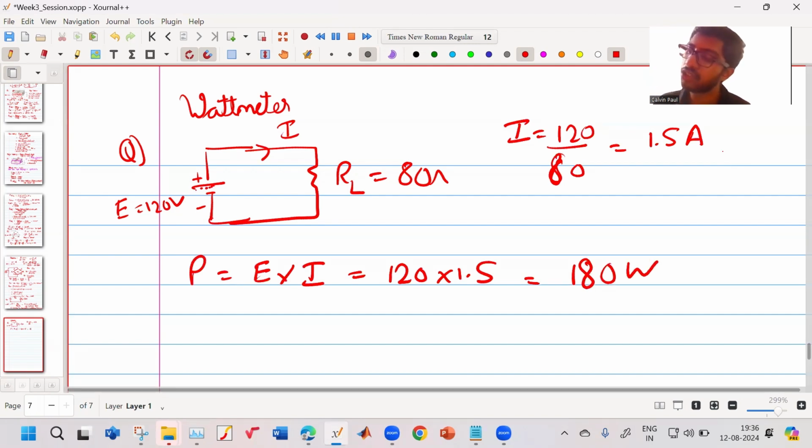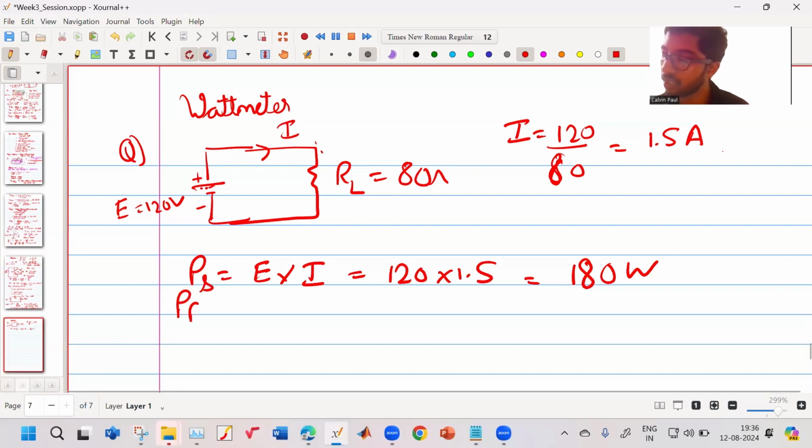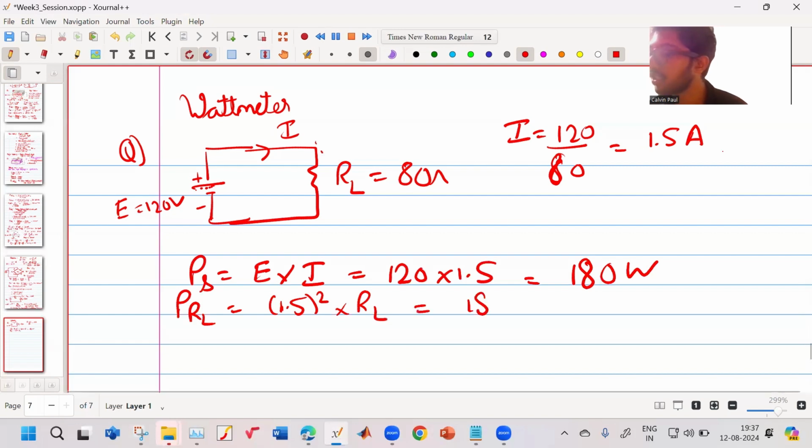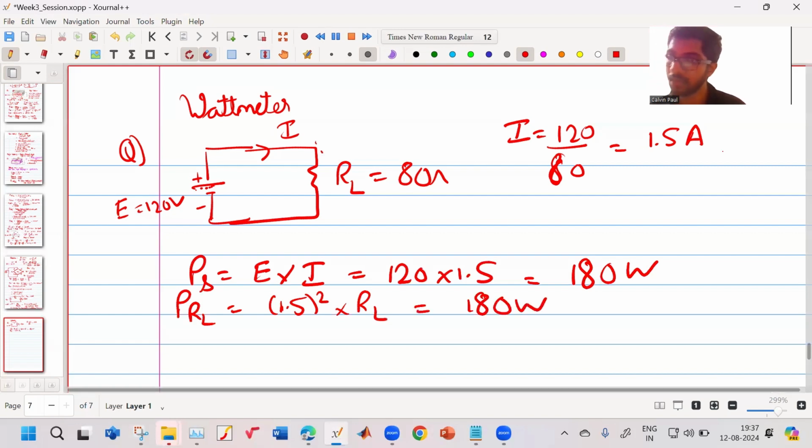How much is the power consumed by this load? Power consumed by the load is 1.5 square into RL. That also will come out to be 180 watt. So the power generated by the source is consumed entirely by the load. So that is a very simple one.